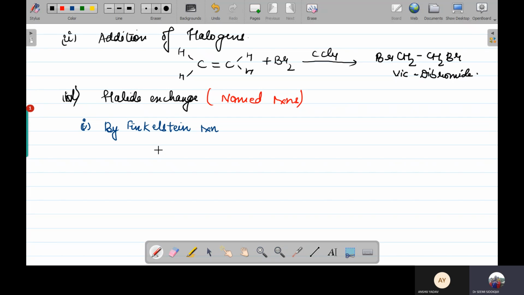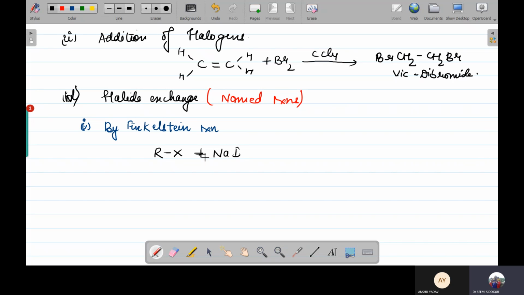When we talk about a Finkelstein reaction, we take a carbon chain and make it react with sodium iodide.